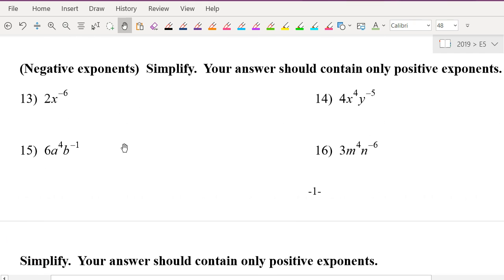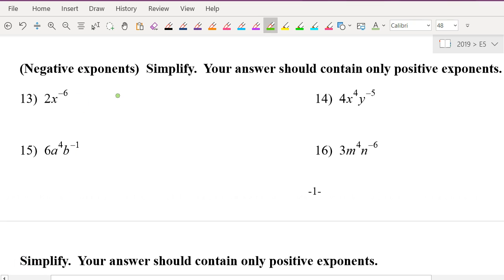Okay, negative exponents. Okay, number 13. Who wants to do that one? Do you have a code name? Thing 2. Go ahead. Number 13. It has a negative exponent. You have to put 1 over the x.